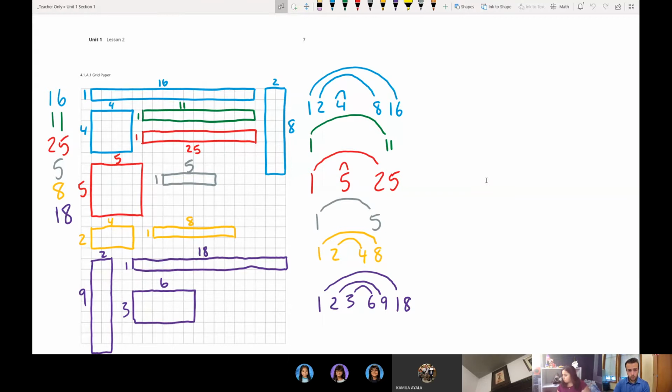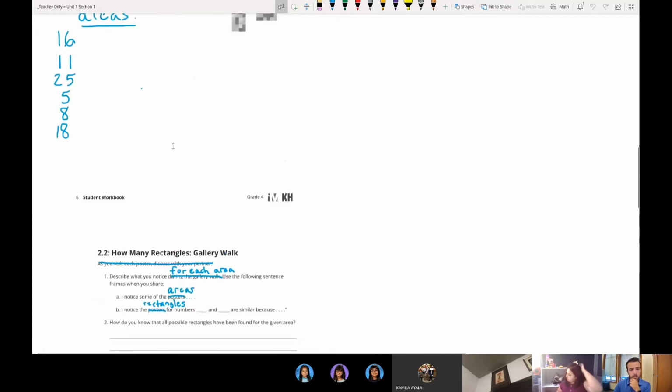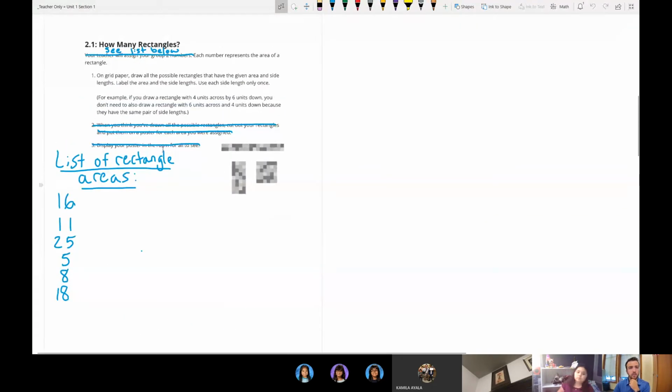We started off with, I'll scroll back up, this how many rectangles activity, where I gave you a list of rectangle areas. So those are all areas of rectangles, and it's our job to find all the rectangles that have an area of 16, and all the rectangles that have an area of 11, and all the rectangles with an area of 25, and so on.